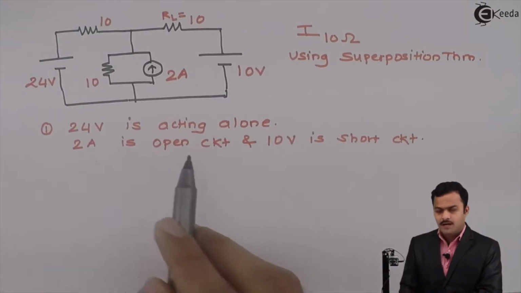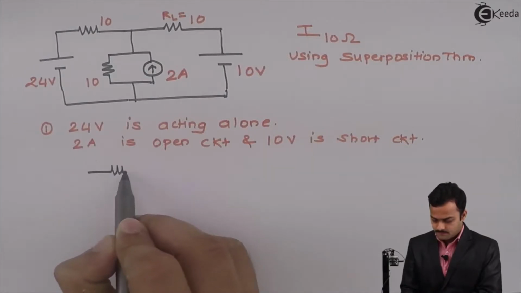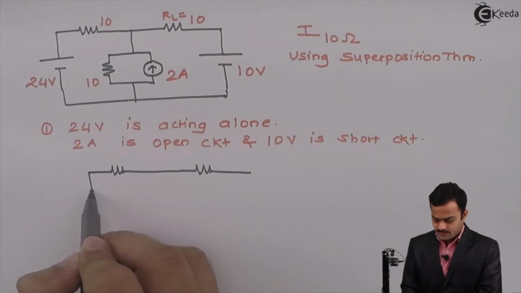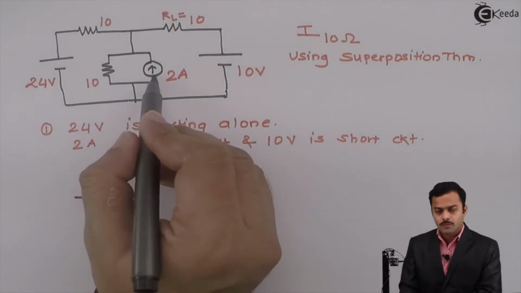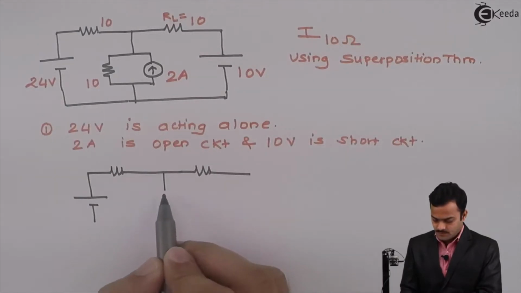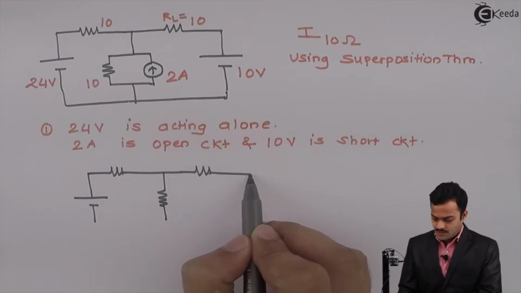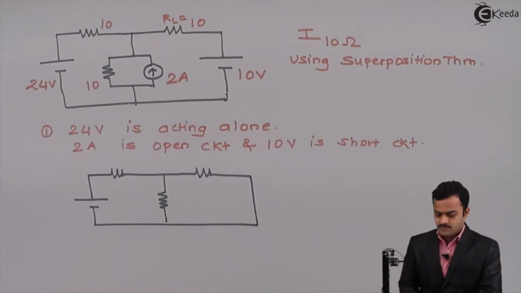Considering this in mind, I will get circuit like this. I am considering 24 volt, then the current source is open, so I will have only one resistor, that is 10 ohm, and 10 volt is short circuited, so I will get circuit like this.